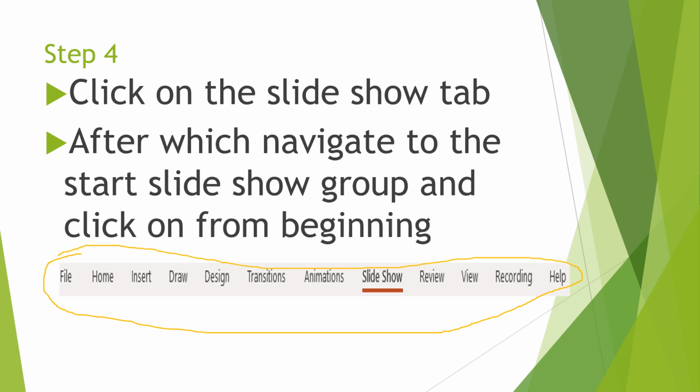But this time round we'll be required to click on this slideshow tab alone, after which we will navigate to the slideshow group and click on from beginning. So that is where we are required to click.